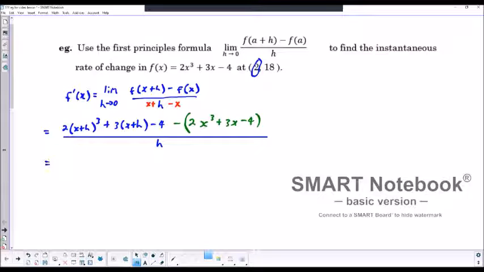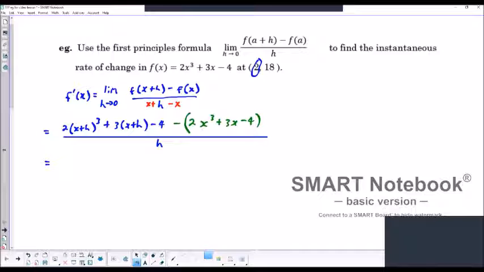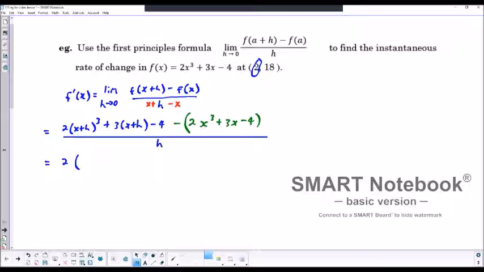So what we can do now is expand out x plus h cubed. We can use Pascal's triangle for that. So we're going to have x cubed plus 3x squared h plus 3x h squared plus h cubed.